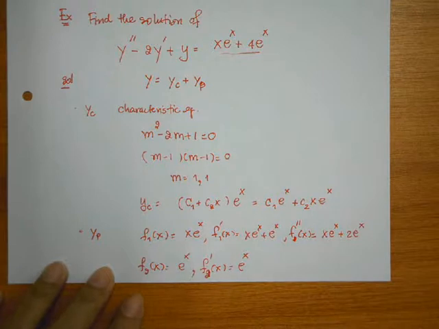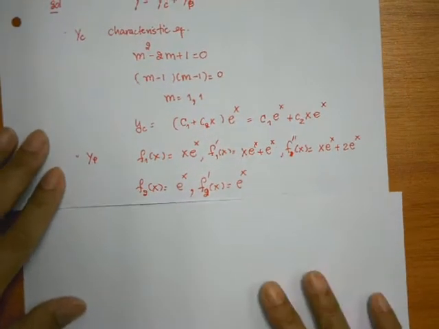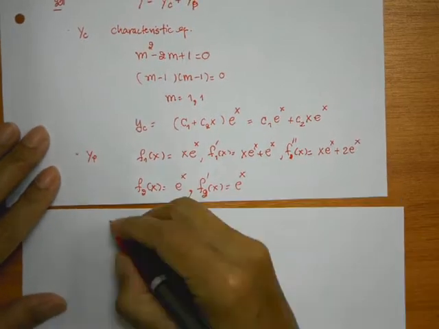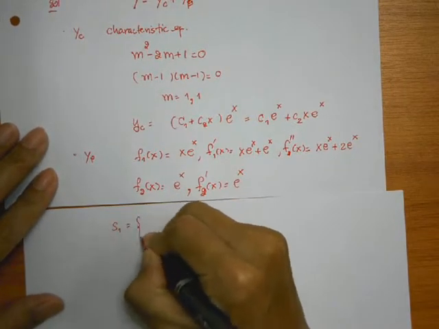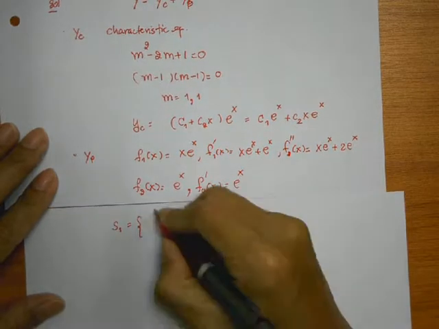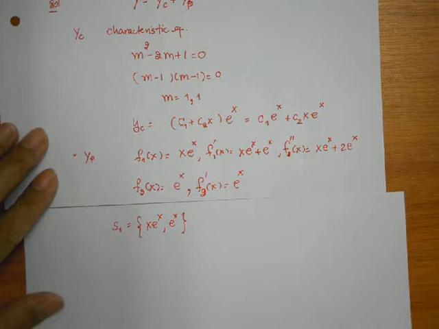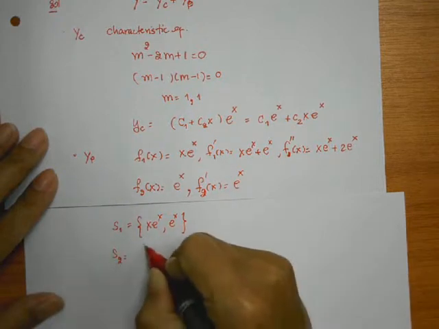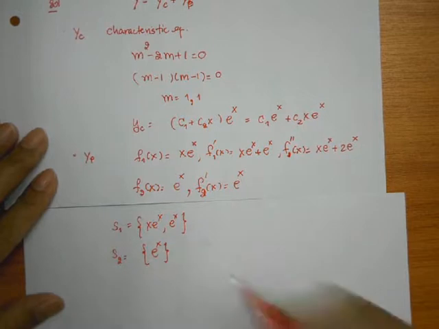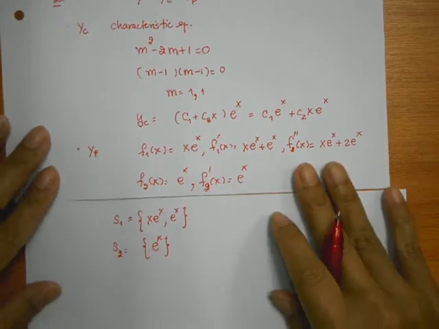Okay. So for the first function, the UC set of the first function is equal to this, and the UC set of the second function is next.